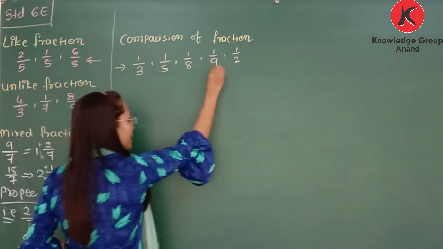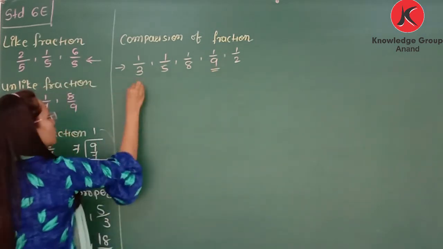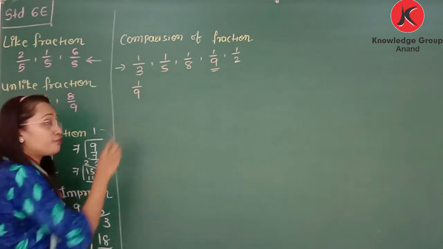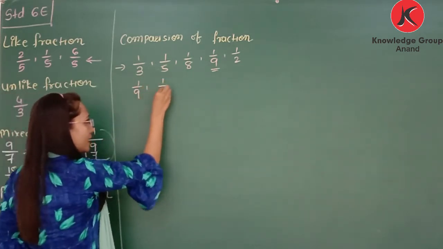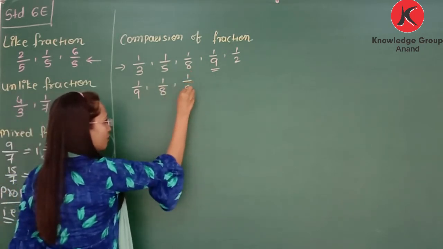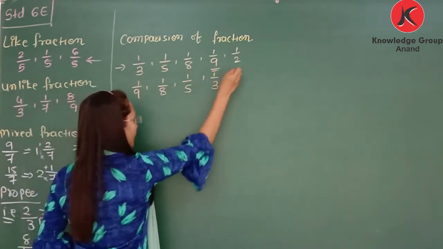So here 1 by 9 is the smallest one. So 1 by 9 becomes first if we arrange this in ascending order. Then after that 1 by 8, after that 1 by 5, then 1 by 3 and 1 by 2.